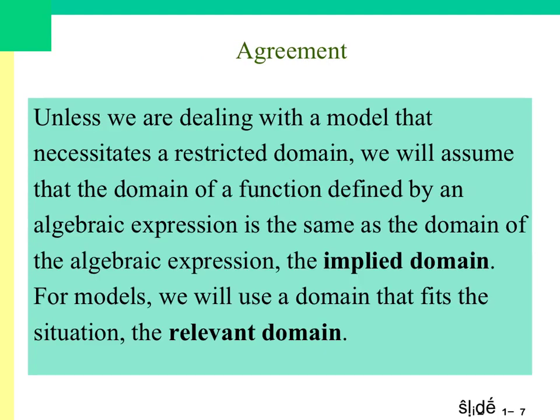Agreement: unless we're dealing with a model that necessitates a restricted domain, we will assume the domain of a function defined by an algebraic expression is the same as the domain of the algebraic expression, the implied domain. For models, we use the domain that fits the situation, the relevant domain. You can copy these down out of the book later. Don't worry about that, but just understand, if it's not defined, you have to figure out what the domain is implying.